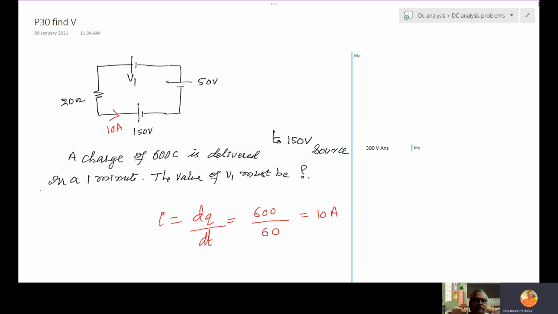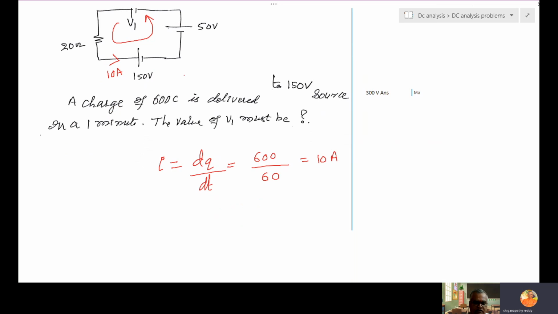Now we want to find V1. What is V1? This side positive, this side negative. So start at positive, go to negative. Therefore, V1 is equal to 20 into 10 plus 150 minus 50.